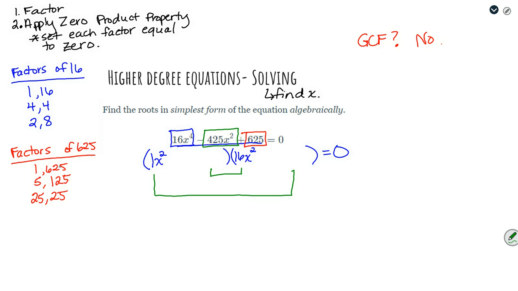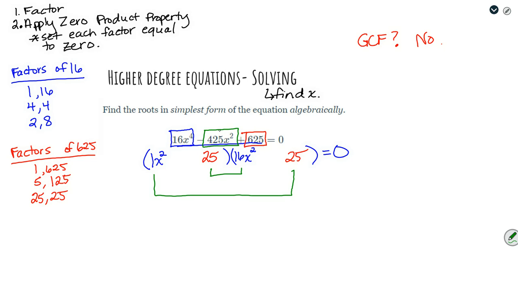If I take 625, I'm thinking this is not going to be a good option because I need to get to 425, and if I start with 620, I don't think that's going to work. So let's try the 25 and the 25. Okay, what is 16 times 25? 400.